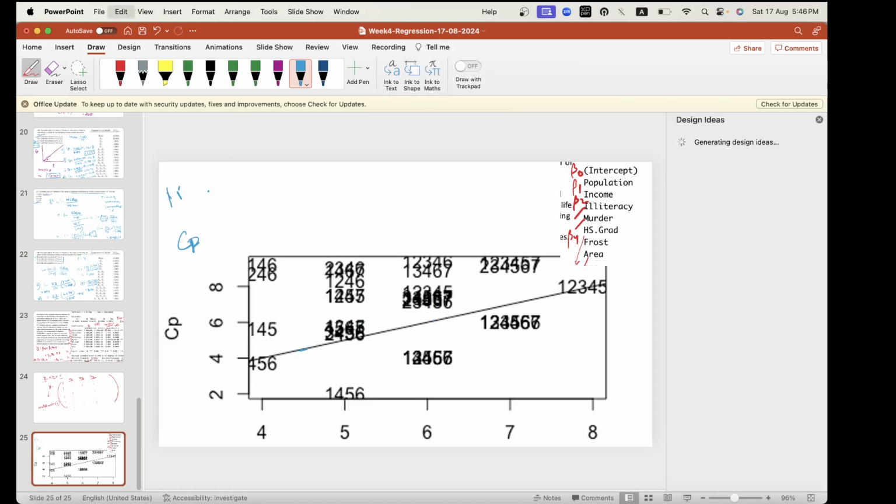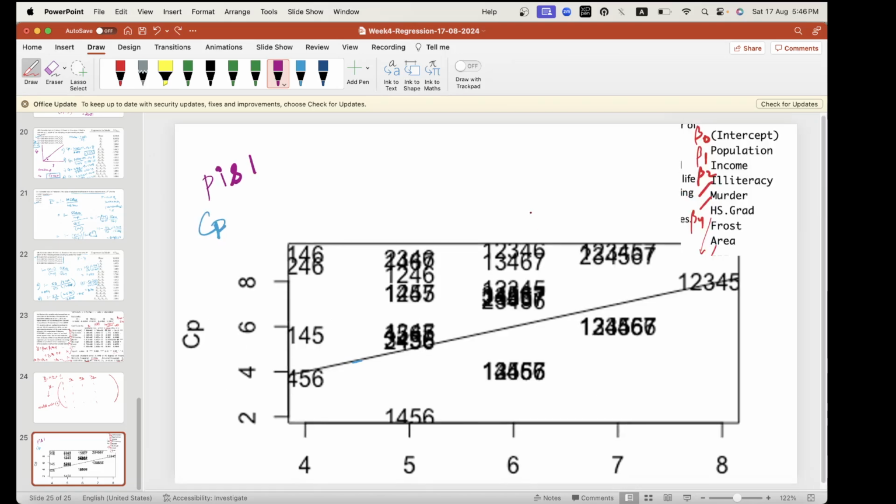So our criteria initially was to look for points where p is low and Cp is close to p.